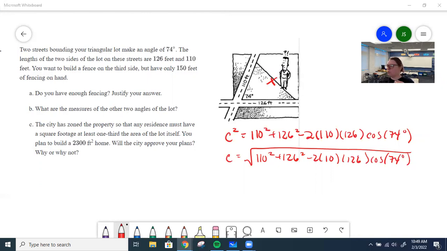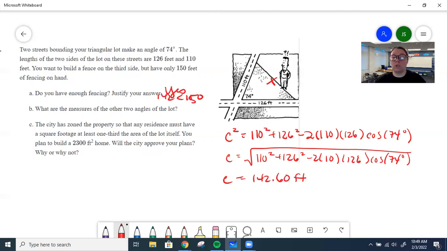I typed in 12 squared instead of 126 squared, and that really throws things off. 142.60. Okay, so we have 142.60 feet. Do I have enough fencing? Yes, 142 is less than 150. So I have enough fencing.